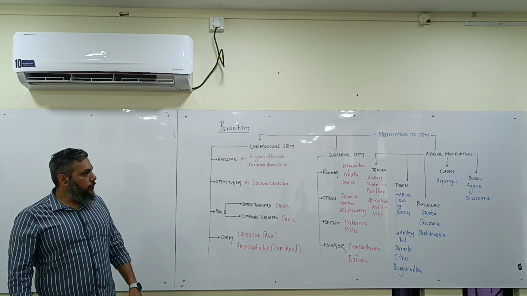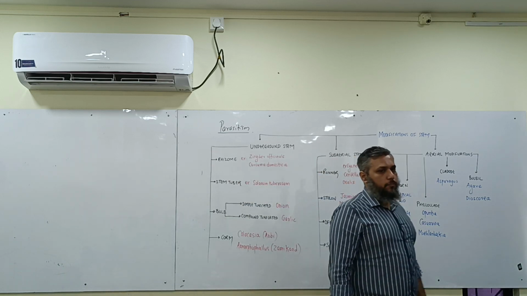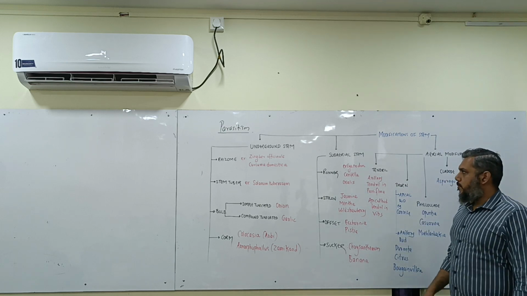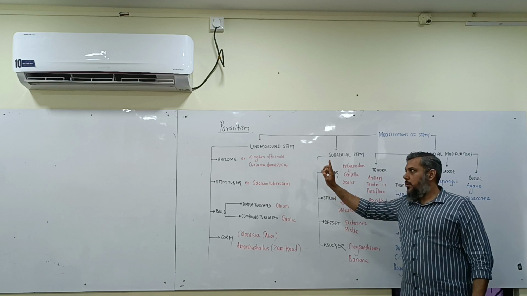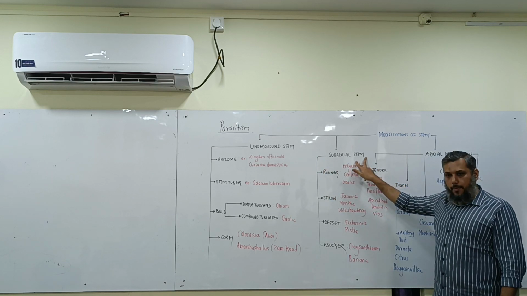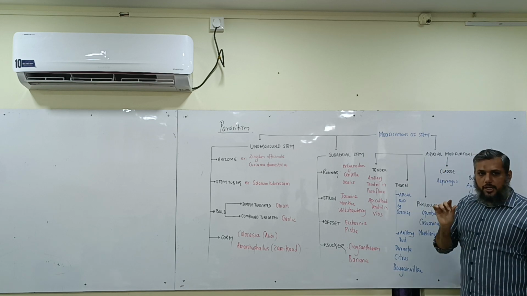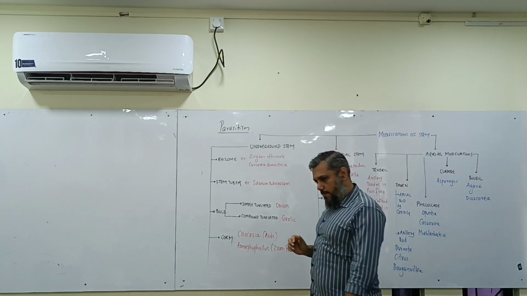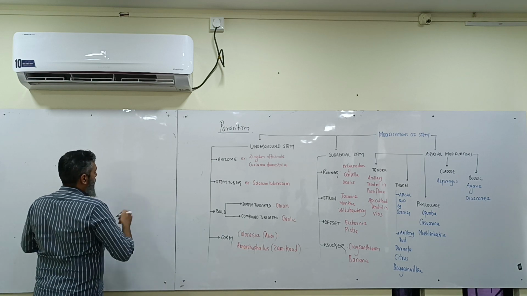Okay. The three types of modifications that are mentioned over here. When the stem is underground, then it is subaerial and aerial. You understand the meaning of the word underground? It is below the soil. In that case, it is called as underground.